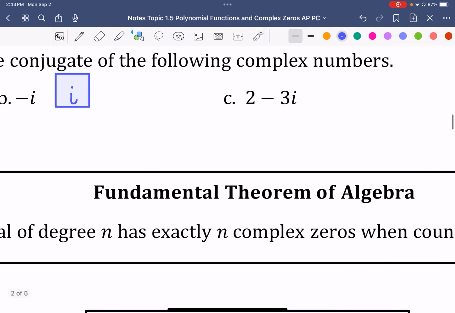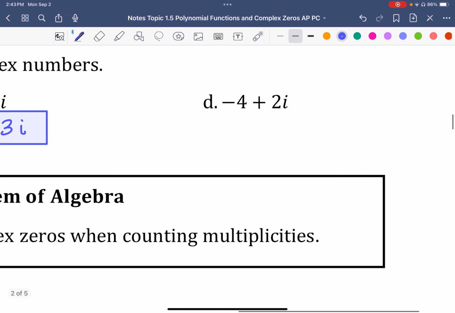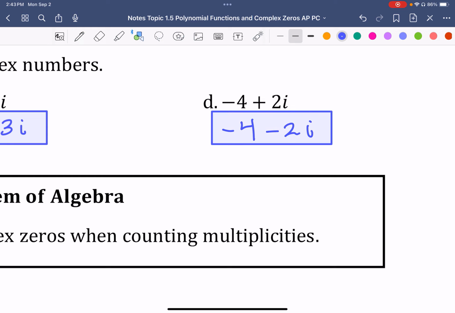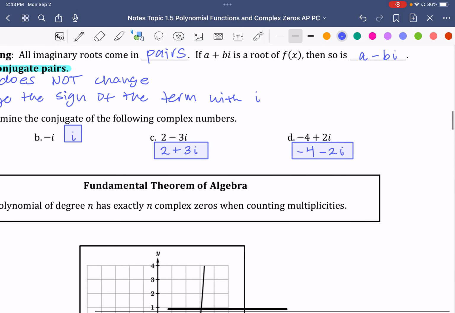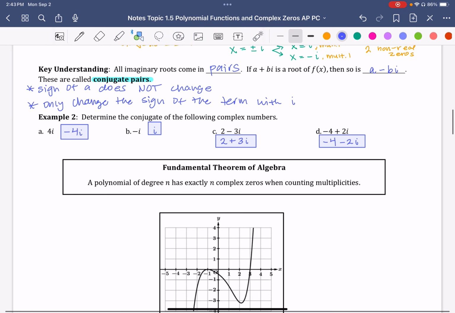The conjugate pair of 2 minus 3i, remember you don't change the sign of a, but you do change the sign of the term with i, so I would put 2 plus 3i. And then the last one, don't change the sign of a, change the sign of the part with i, so negative 4 minus 2i. So finding conjugate pairs is not that bad.